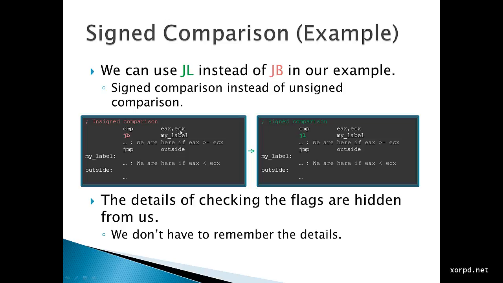If for some reason we decided to change this comparison to be a signed comparison, or a comparison between two signed numbers, it would be pretty easy to change. We just have to change this instruction, jump below, to this instruction, jump less.